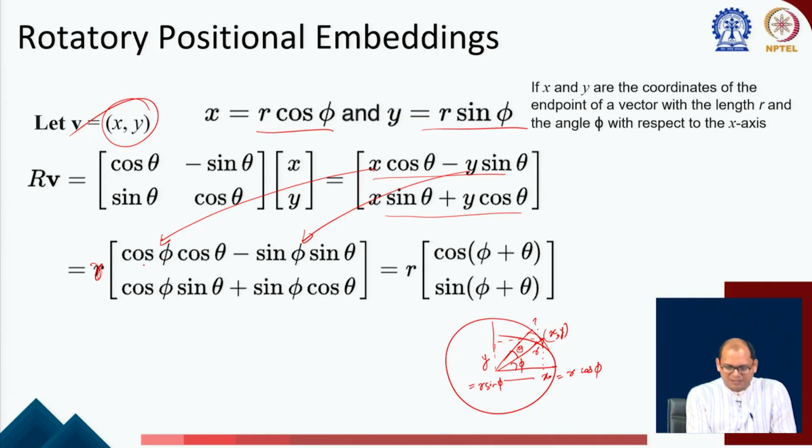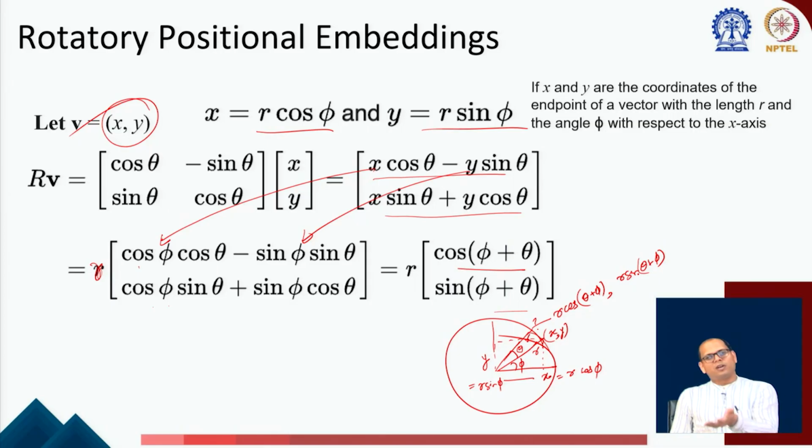This is cos of phi plus theta and this is sin of phi plus theta. So, the vector's length remains the same, it is still r, and the components are r cos of theta plus phi and r sin of theta plus phi. This is all modeled through this rotation matrix. Now the angle is theta plus phi, that is what we wanted.